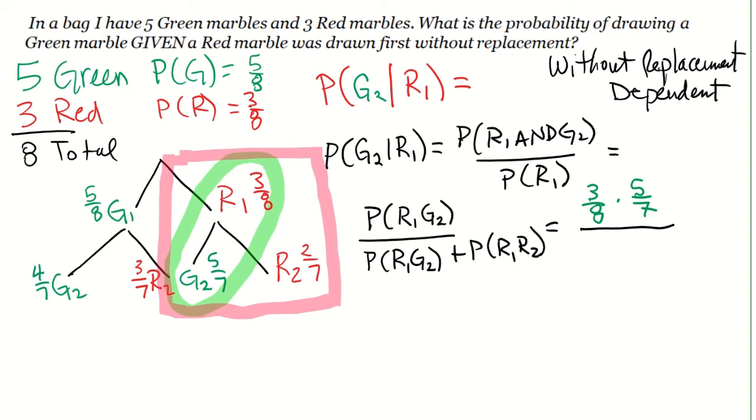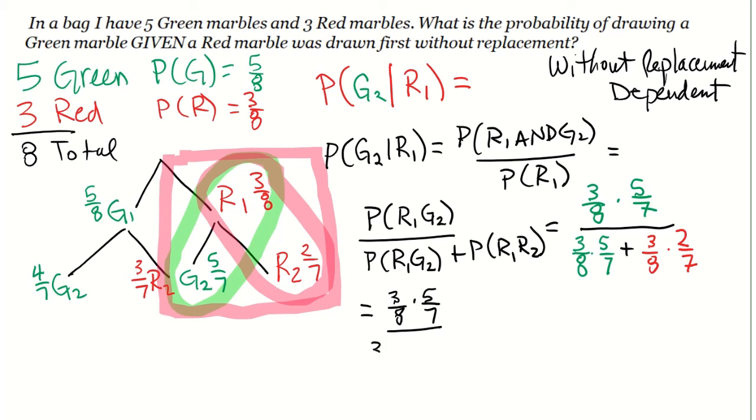So we're first going to write down the probability of drawing a red and then a green. And then we want the probability of drawing 2 reds. Then once again, we're going to use algebra just to move things around to help us simplify.